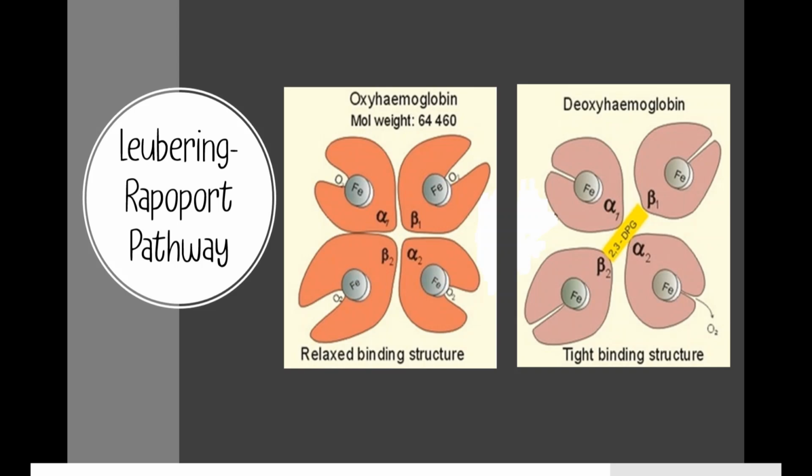When 2,3-DPG is bound with hemoglobin, the hemoglobin is in a tense state. Now, this tense state of hemoglobin is, of course, deoxygenated, because the oxygen is already unloaded in the tissue. That is why 2,3-DPG comes in here, right?